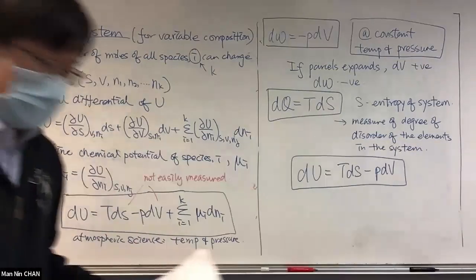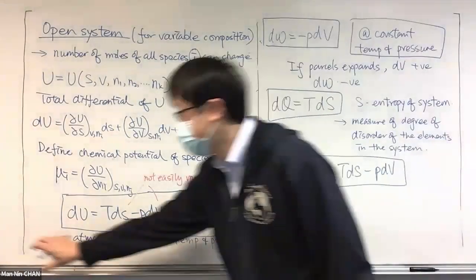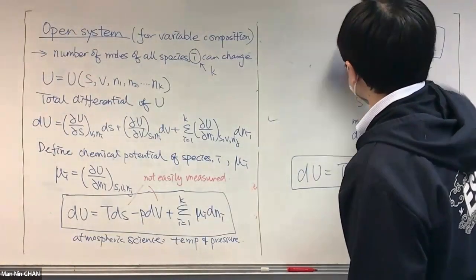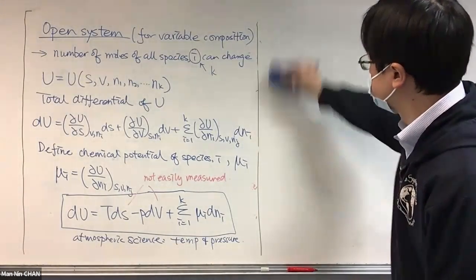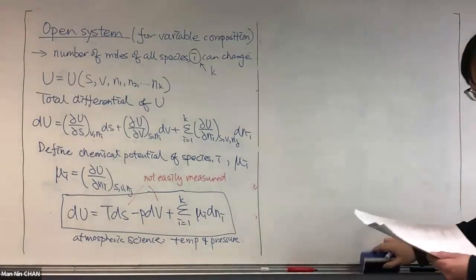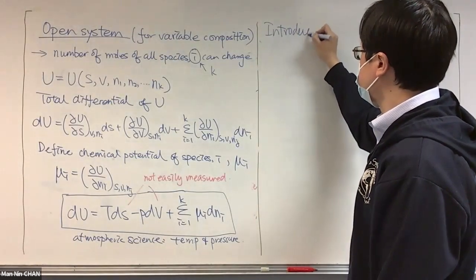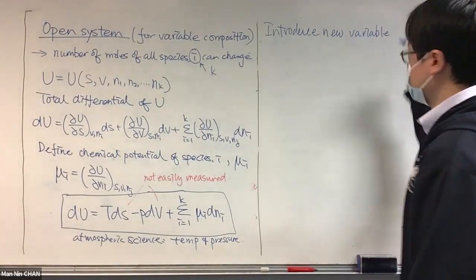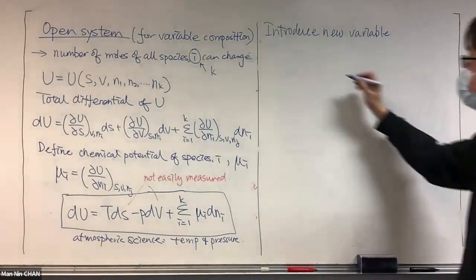Therefore, in this case, we introduce a new variable. So let's introduce a new variable. We call this the Gibbs free energy.